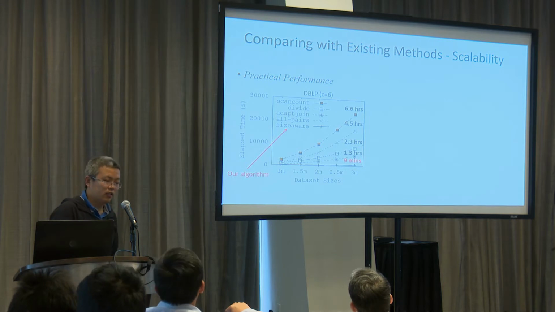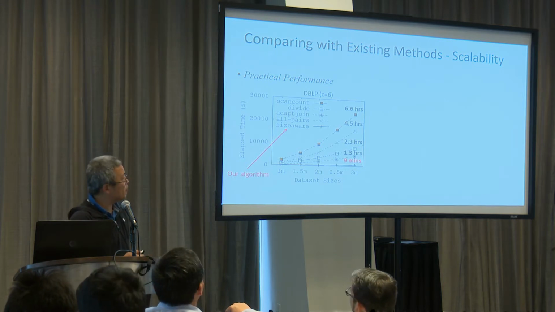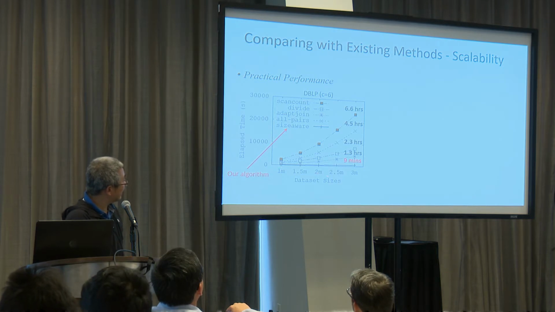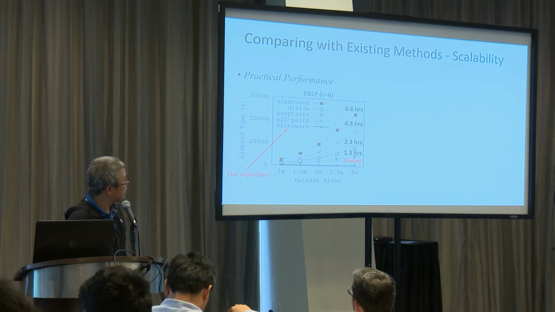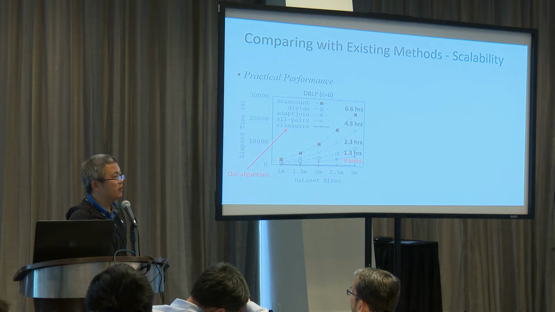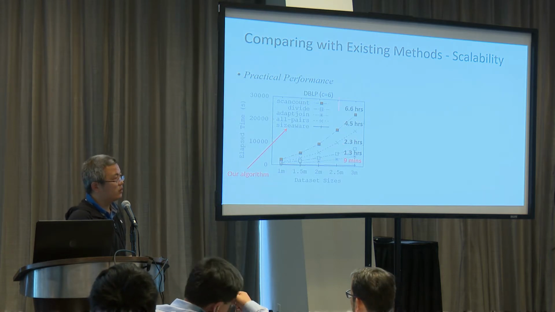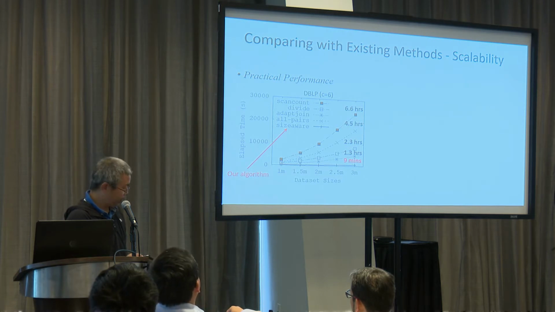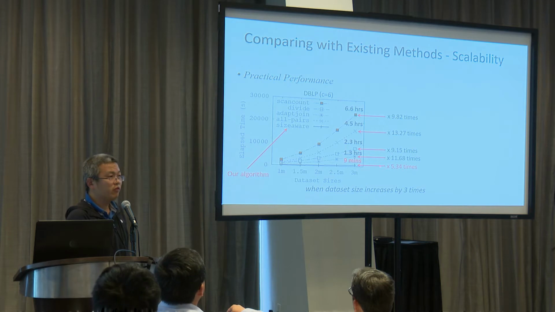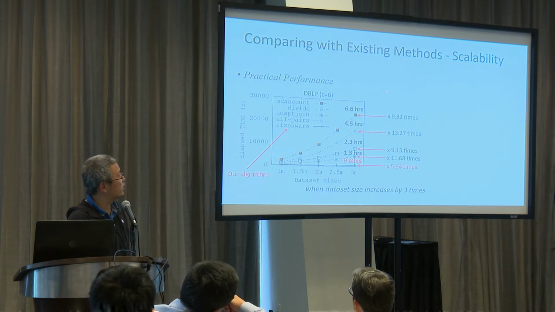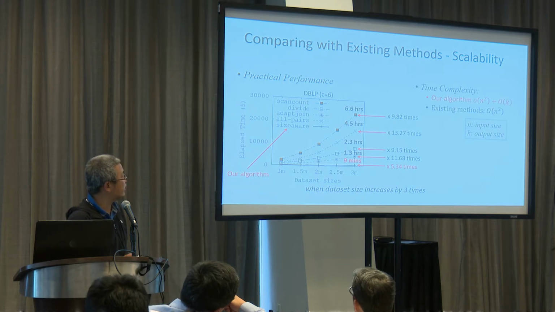The next question is, can our methods achieve subquadratic? In the x, this one is 1 million, this is 3 million, so the size is 3 times. If the time increase is less than 9 times, then it is subquadratic. Our methods only increase 5 times, and all existing work increases more than 9 times, so this is a subquadratic method.